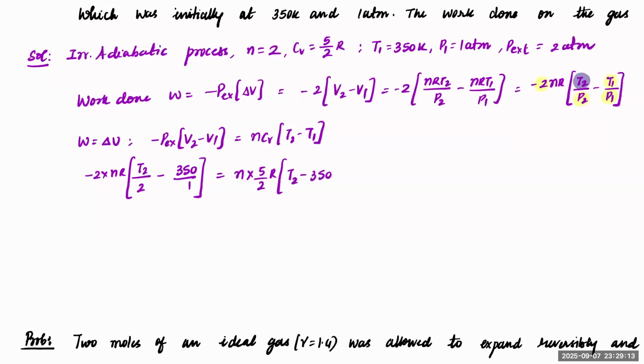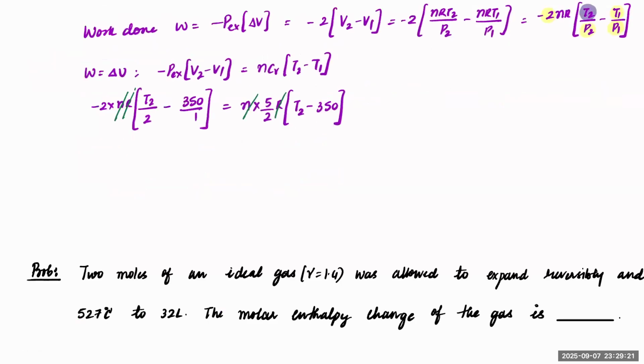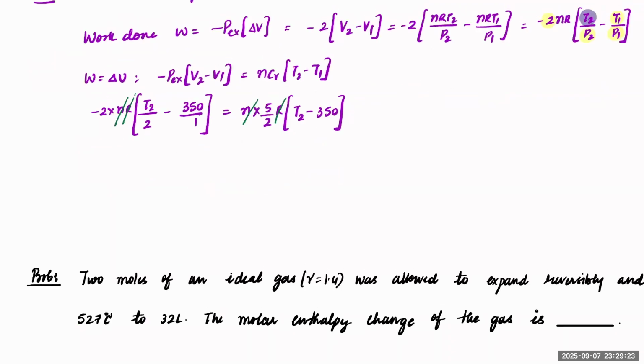Notice what gets cancelled here. n and R both get cancelled. Now let me multiply the 2 inside, with the minus sign. So I'll get minus T2 plus 700.